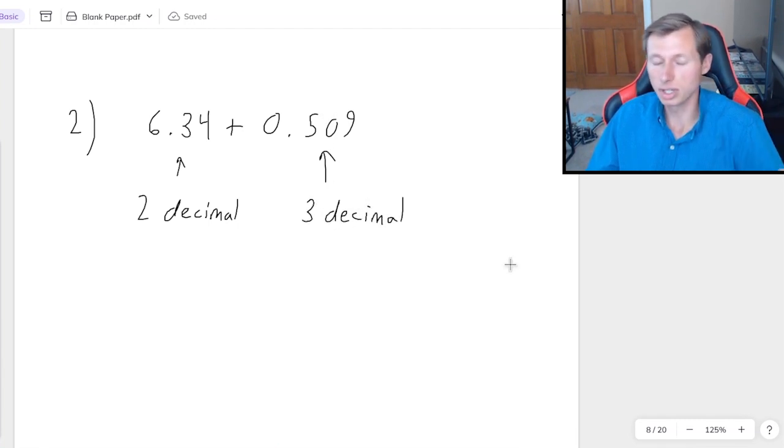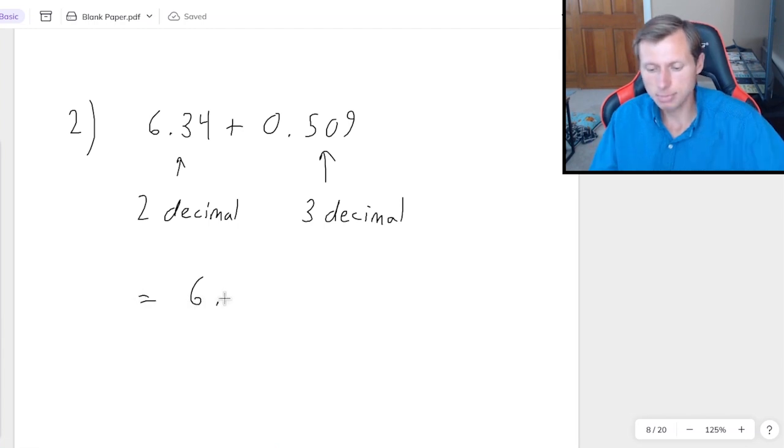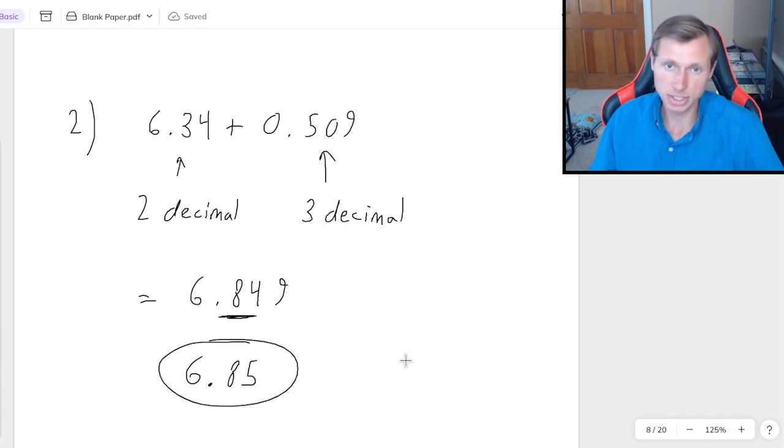So since I always use the least number of decimal places, I am going to keep my answer to 2 decimal places. So I do 6.34 plus 0.509, and I get 6.849. But since I only want 2 decimal places, I need to round to here where I underlined, and that's going to round up to 6.85, which is my final answer there.